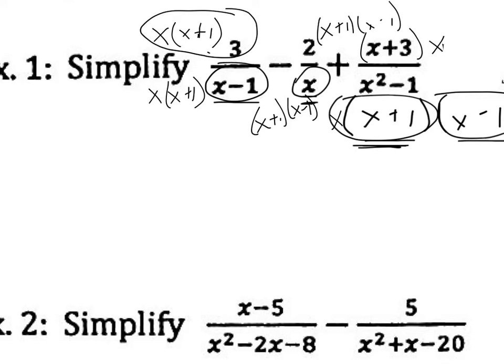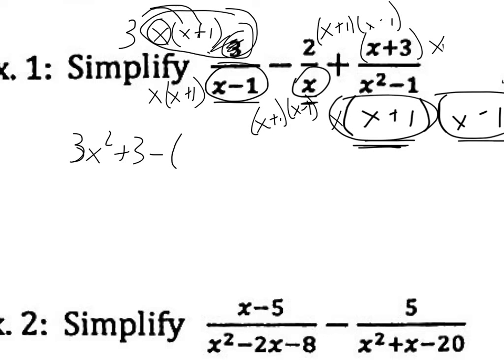Essentially, I need to multiply this 3 and this x and distribute it inside the parentheses. So think of it as the 3 being out here in front instead of being here. So I'm distributing 3x. So I get 3x squared plus 3 in the first numerator. In the second numerator, so I put minus, I'm going to put parentheses, and I'm subtracting.